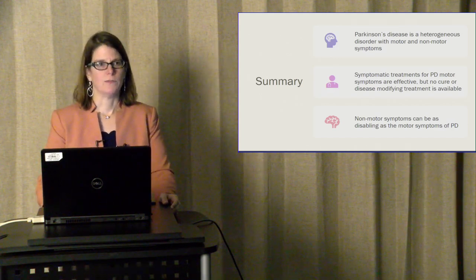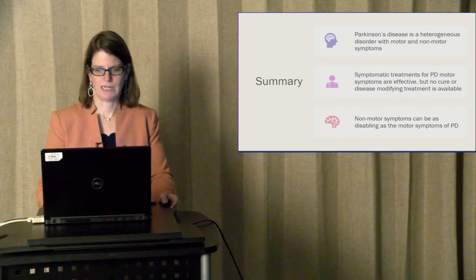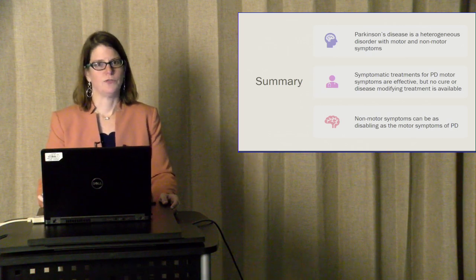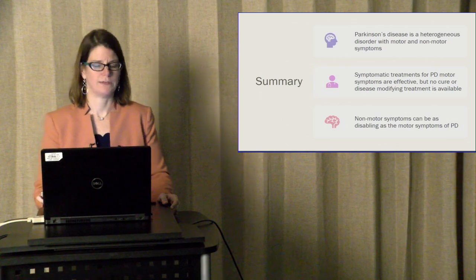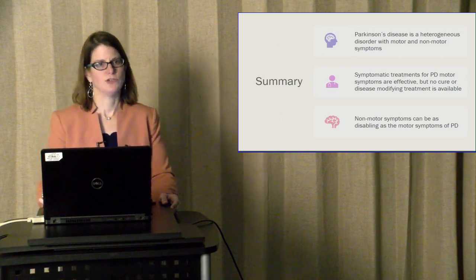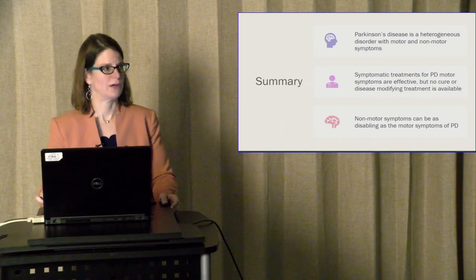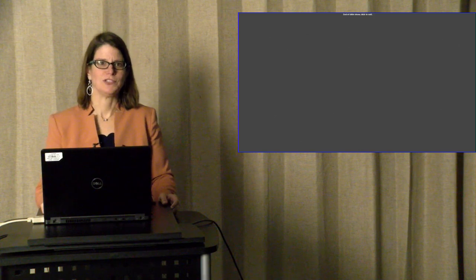But remember that there are both motor and non-motor symptoms in Parkinson's. Symptomatic treatments for PD motor symptoms can be very effective, but unfortunately there's currently no cure or disease modifying or neuroprotective therapy. And then the non-motor symptoms can be just as disabling as the motor symptoms, so it's important when treating Parkinson's patients to keep those in mind. So happy to answer any questions.